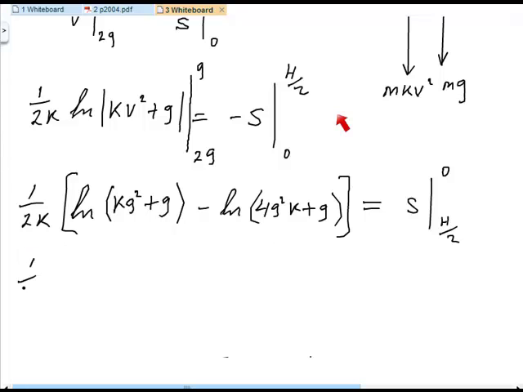This becomes 1 over 2k. And so we can use our rules of logs here, these just divide, so it's kg squared plus g over 4kg squared plus g.